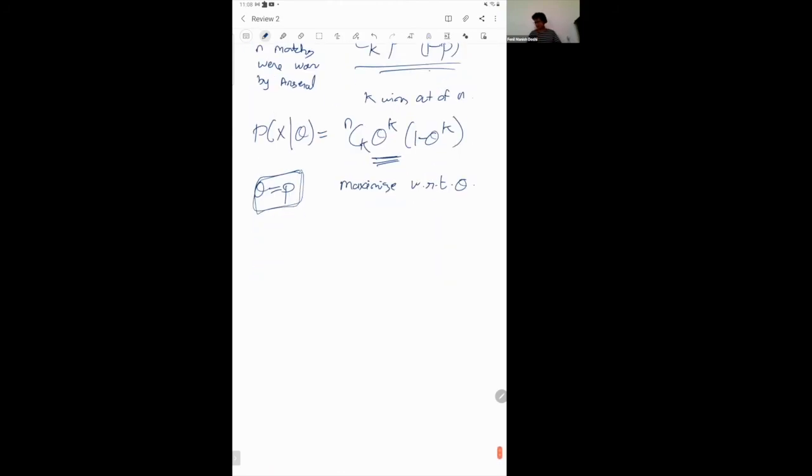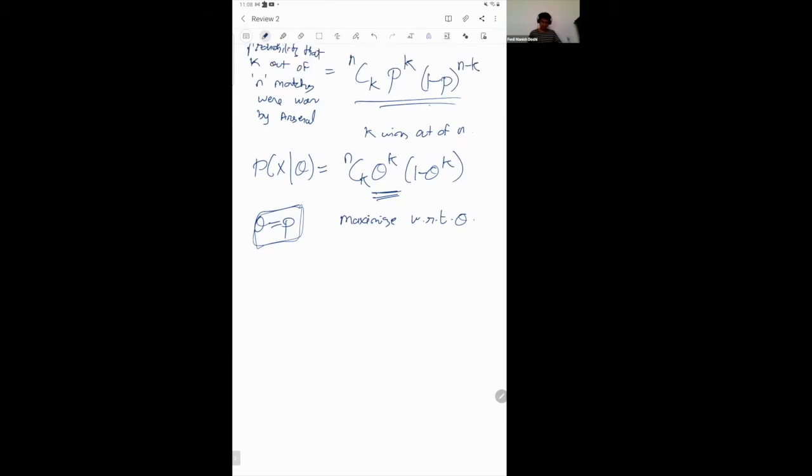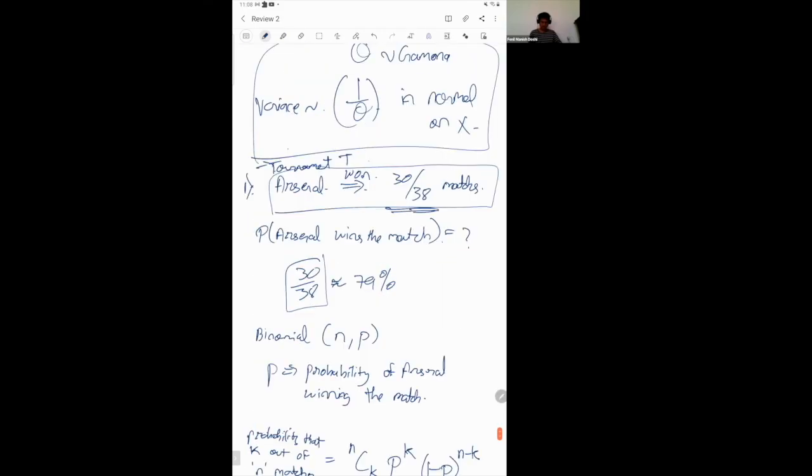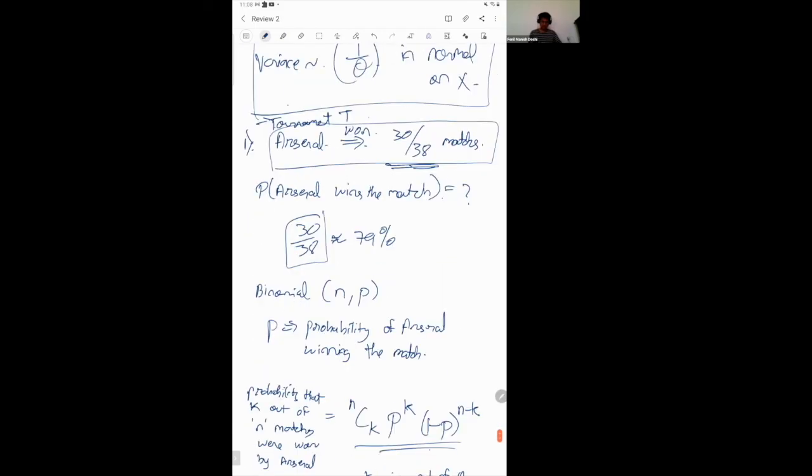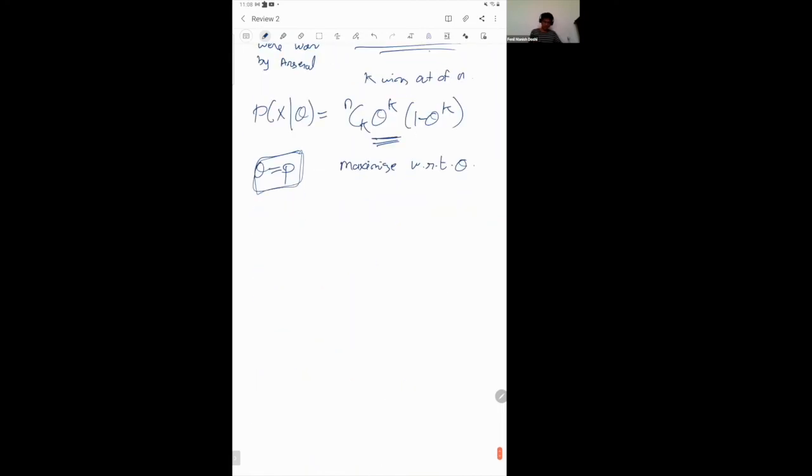Our data has shown that it has won 30 out of 38 matches. Then n is 38, k is 30, theta is what we want, and 1 minus theta is raised to n minus k, which should be 8.